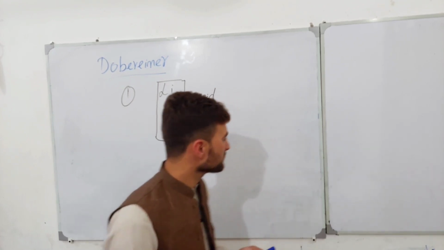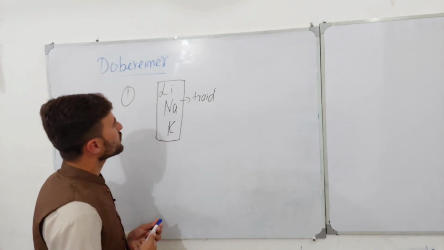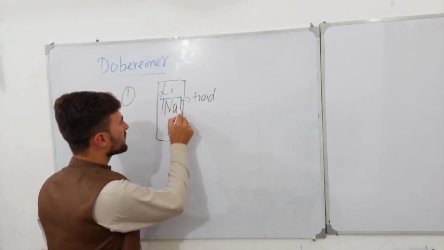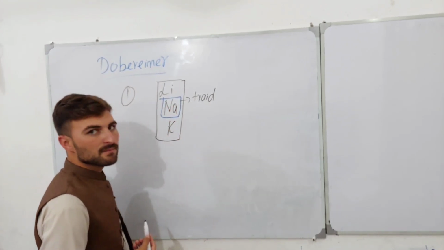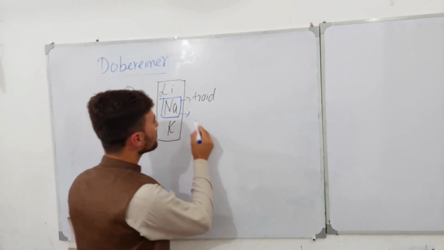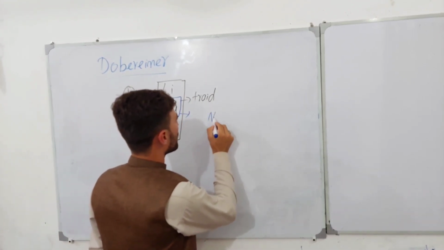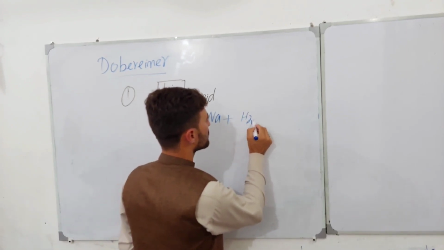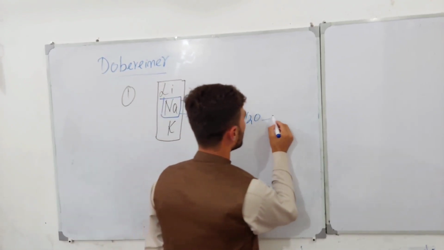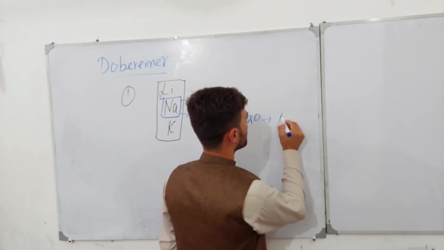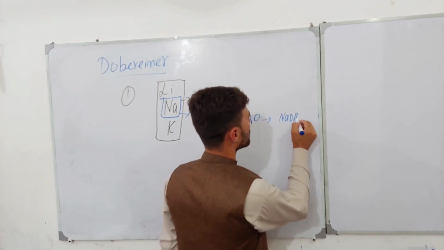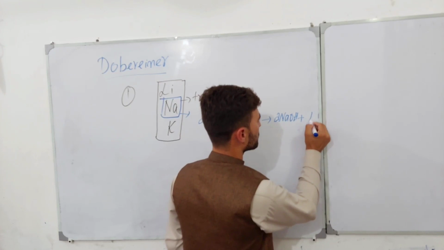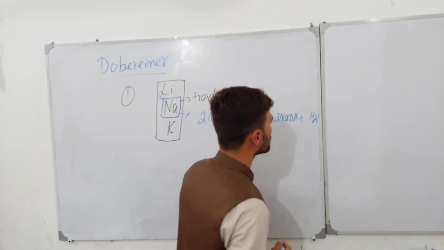Let's suppose sodium. We know that sodium is an alkali metal. So when this sodium reacts with water, it forms sodium hydroxide and hydrogen gas.